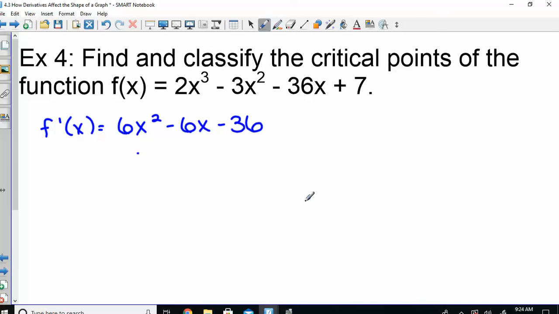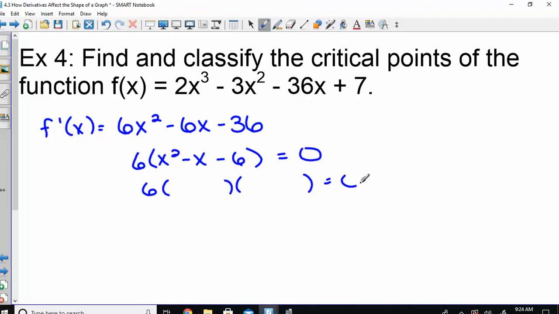What could you do to that? Take out a 6, that leaves you with x squared minus x minus 6. And you know when that equals 0, so then we could do box method. Multiply to negative 6 and add to negative 1.